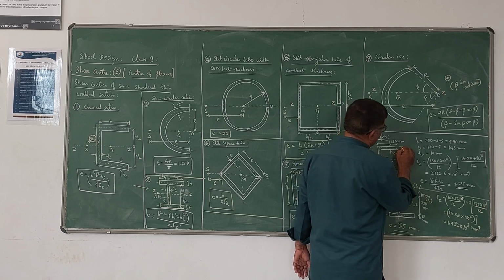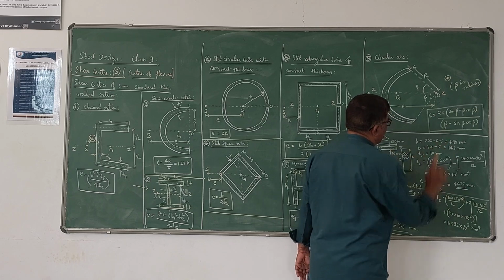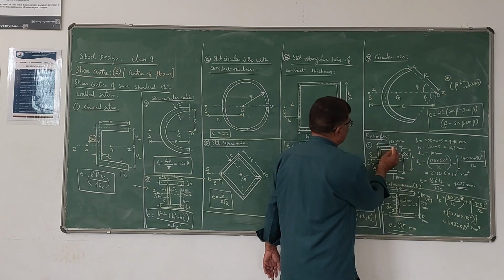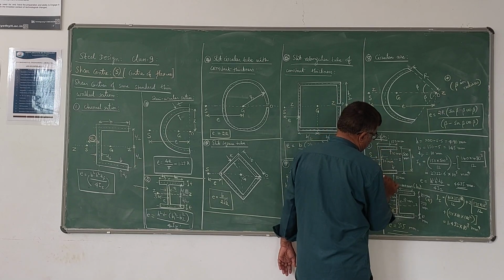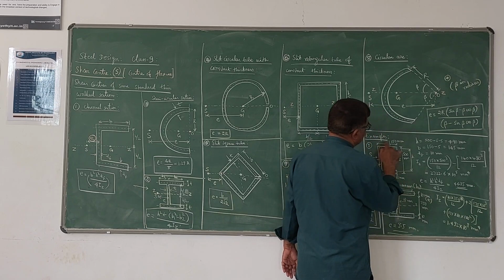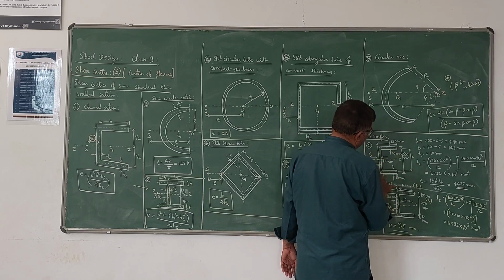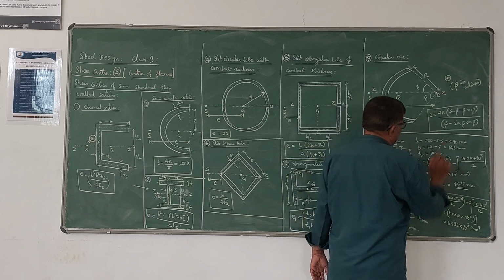That gives the value of H. So H is 500 minus 5 minus 5, 490 mm. B is this value, please note that B is from the central line of this to this. So this is actually 150, 150 minus 5, that is 145. That is the value of B.